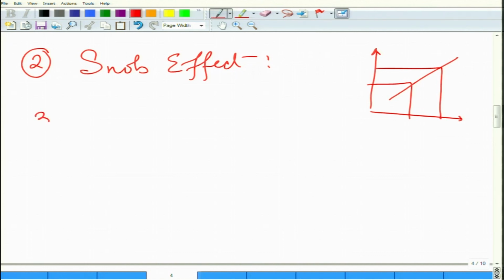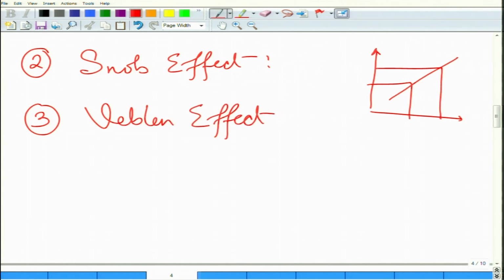The next can be the Veblen effect. Now the Veblen effect is kind of similar to the Giffen goods, but very different.